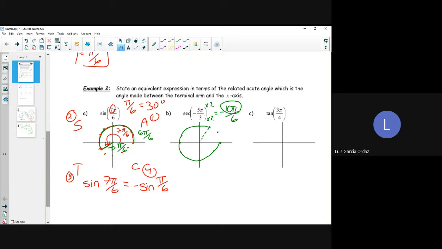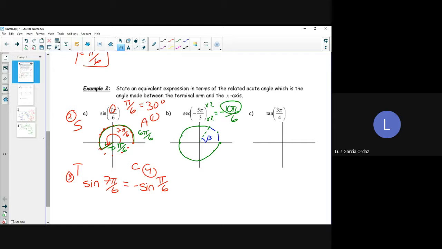And this angle over here is our acute angle beta. Okay? So how many sections of 30 degrees are left over? Two sections of 30 degrees are left over.